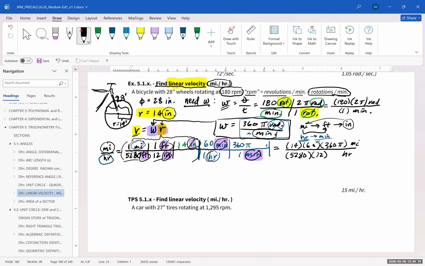And when you put the numerator into the calculator and divide that by the denominator, you're going to end up with approximately 15 miles per hour. So that is the linear velocity.